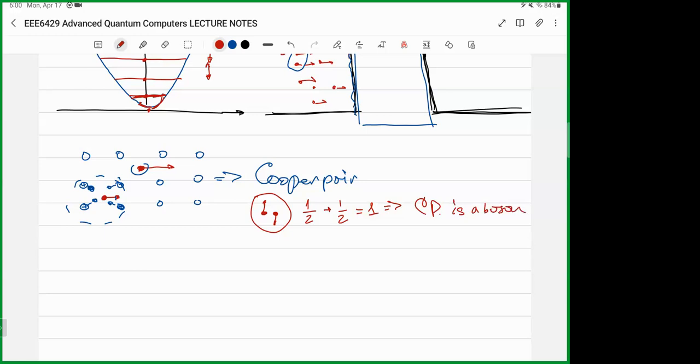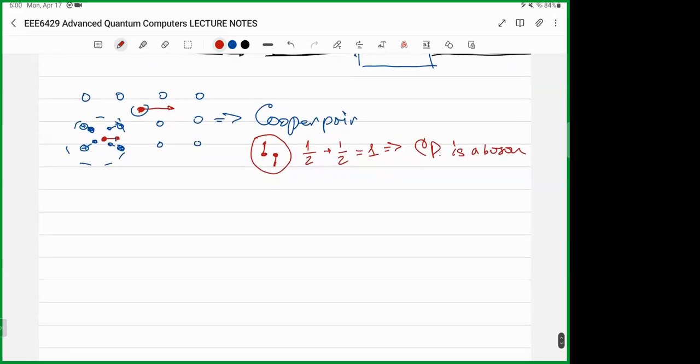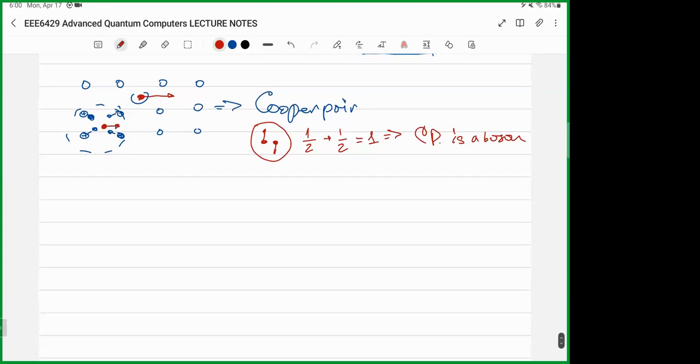For the boson particles, we have another type of statistics, and the very important fact about bosons is that due to their integer-valued spin, they can condense in the Bose-Einstein condensate.